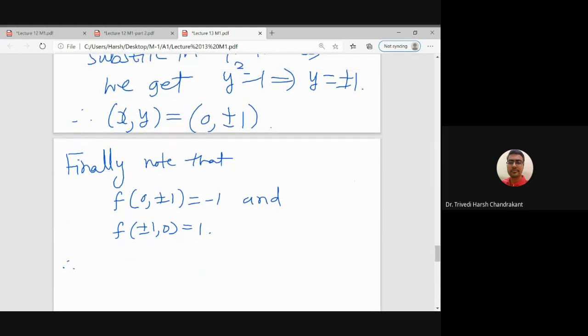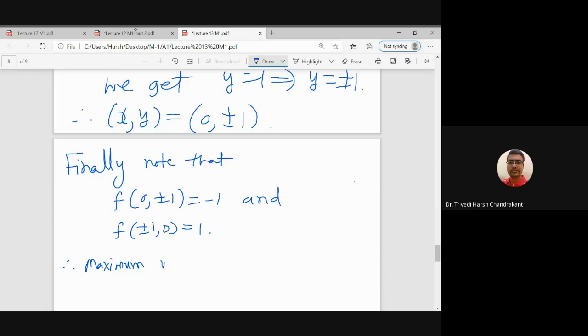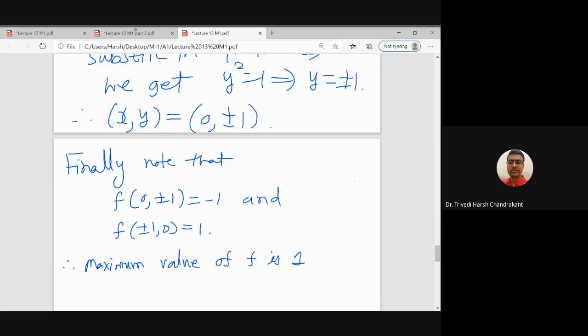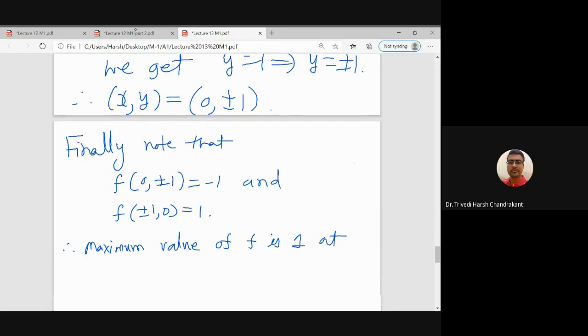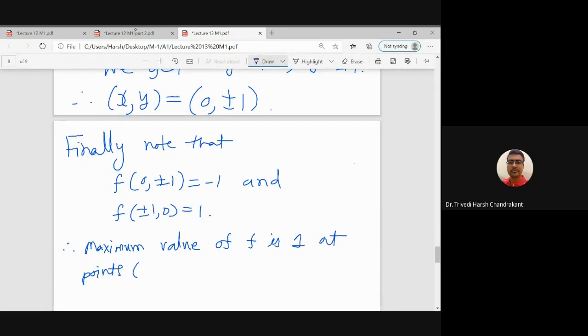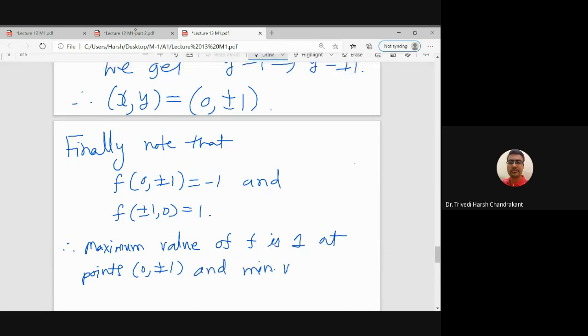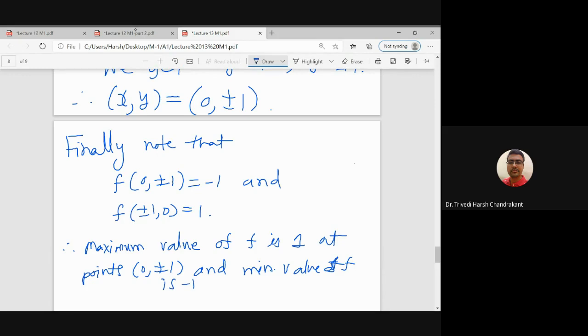So therefore the maximum value of the function is 1 at the points (plus or minus 1, 0), and the minimum value of f is minus 1, attained at the points (0, plus or minus 1).